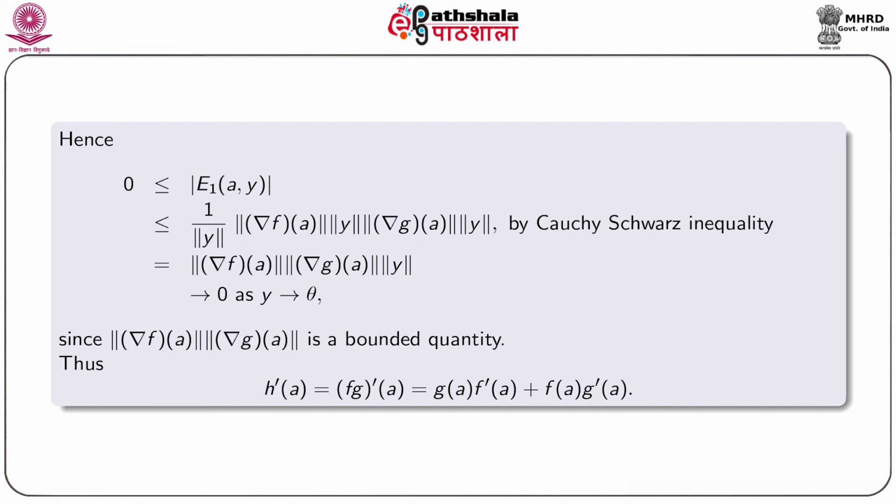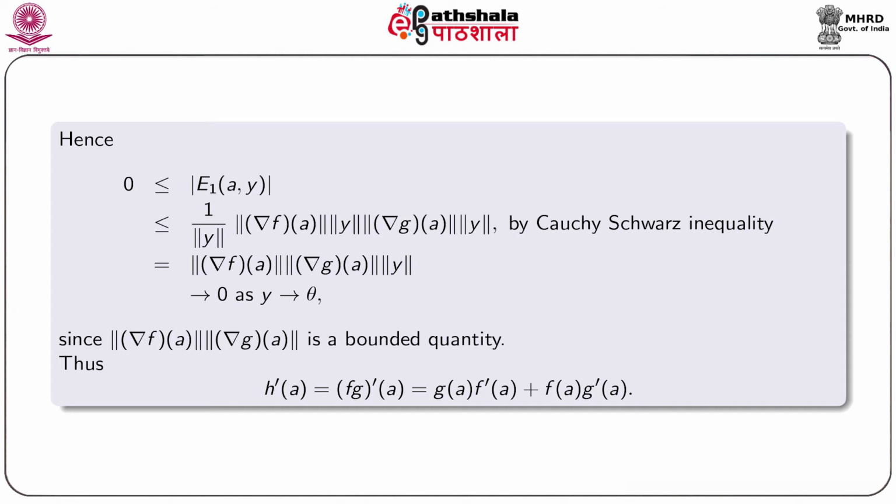Therefore, modulus of E1 a y is less than or equal to 1 by norm y times norm of nabla f a multiplied by norm y multiplied by norm of nabla g a multiplied by norm y. Here we have used the Cauchy-Schwarz inequality.